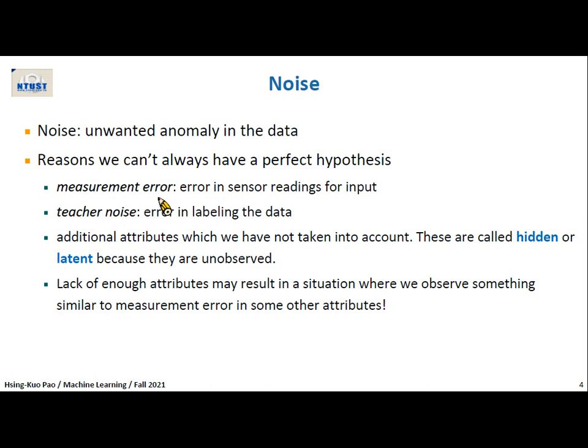For the classification problem, if we have noise, there will be two kinds: either we have the measurement error, meaning the error from X, or we have a teacher error, meaning the error from Y.